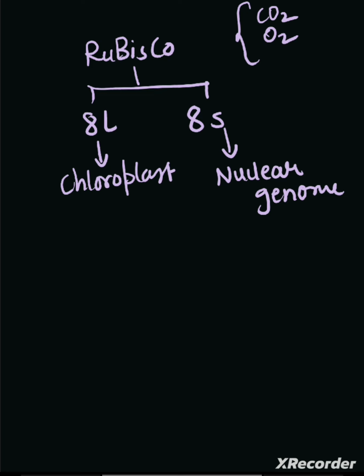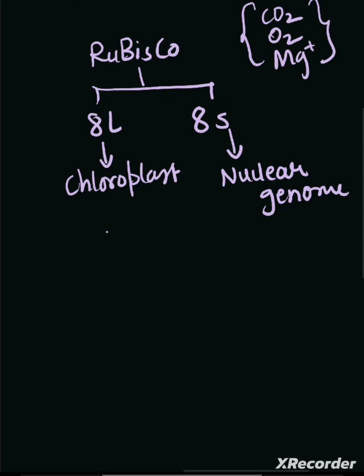Besides that, it also depends on the magnesium ion concentration. Why magnesium? Because it is important to activate your enzyme. And the optimum pH required for its activity is 8, so that you activate the enzyme.